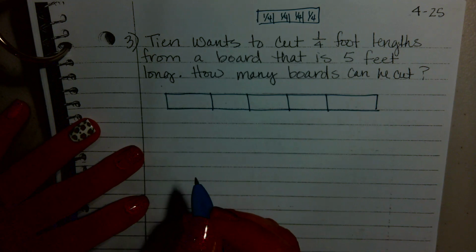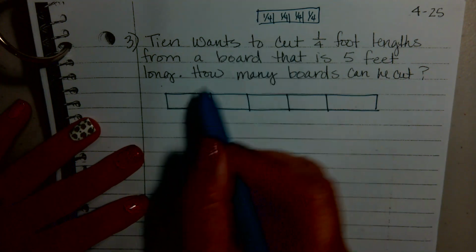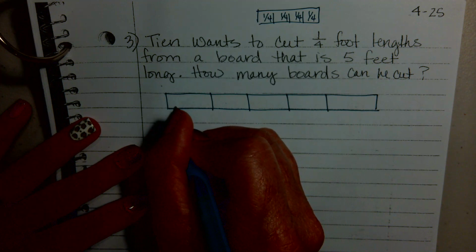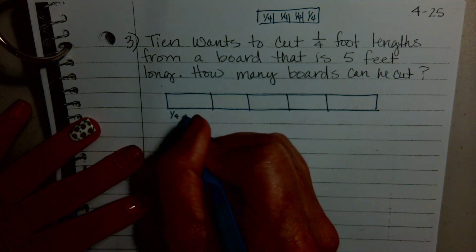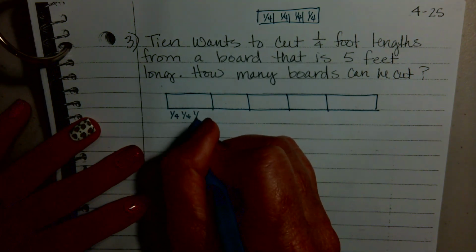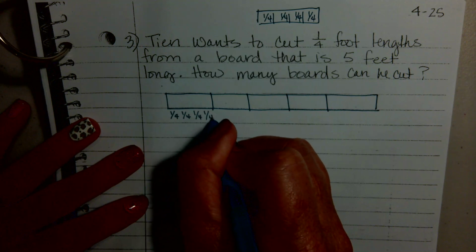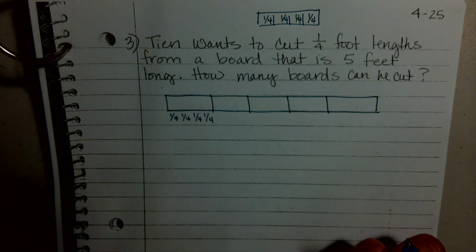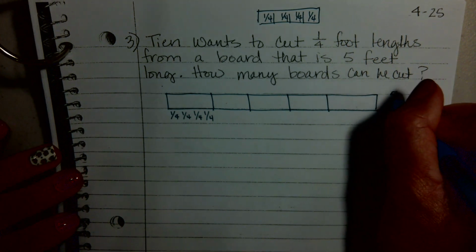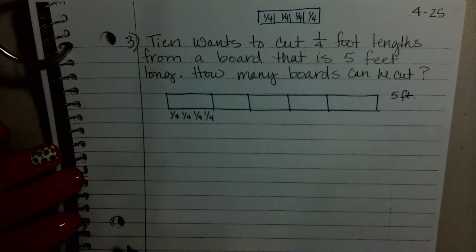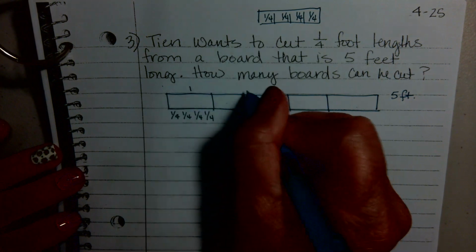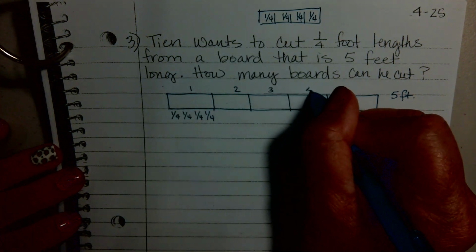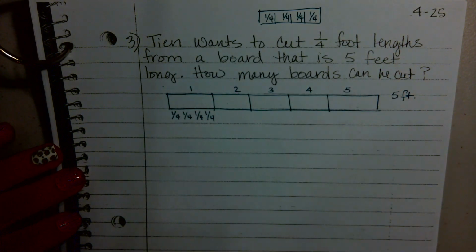So what do you know? How many fourths are in 1 foot? What do you know? Here is this 5. This is equal to 5 feet here. This is 1 foot, 2 foot, 3 foot, 4 foot, 5 feet.